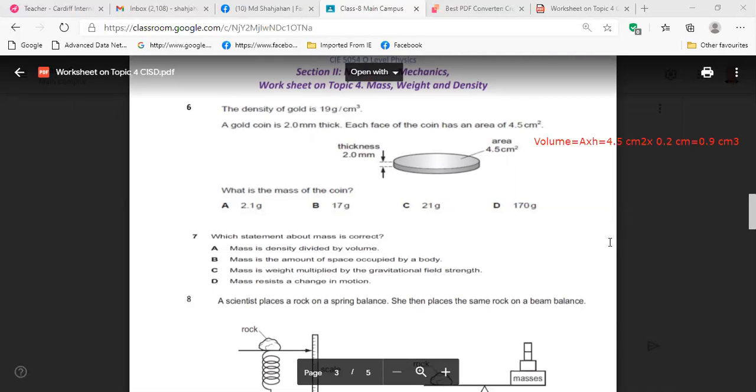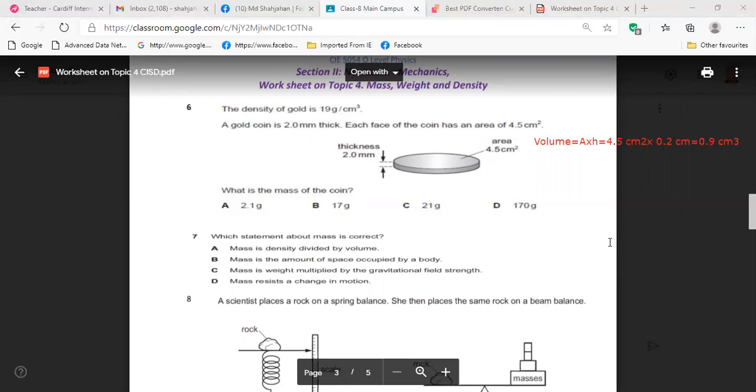We are getting that mass resists a change in motion. That is correct. And you got one idea about mass. That is inertia, right? Can you remember that one? Yes, sir. So this idea is coming from inertia. If one object is stationary, then it wants to stay stationary. If one object is in motion, it wants to stay in motion.